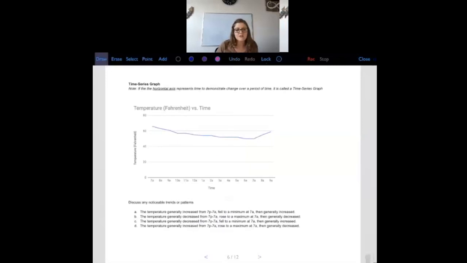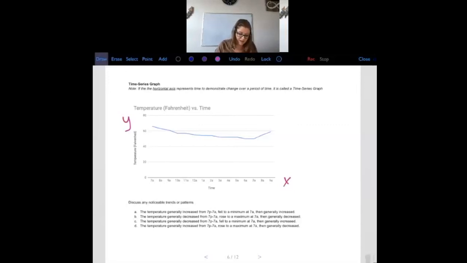Time series graph. So if the horizontal axis represents time to demonstrate change over a period, it's called a time series graph. And so I actually pulled these numbers probably sometime in the spring of temperature in Fahrenheit versus time. So typically the x-axis is time, the independent variable, and then what's depending on time, like the temperature, is typically the y-axis.